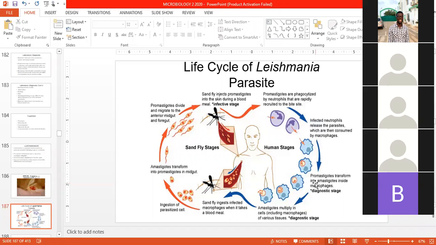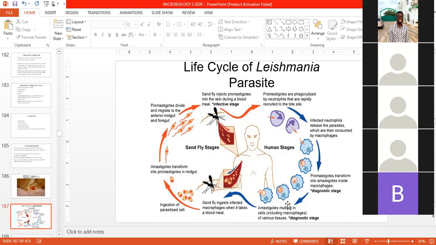Now, the amastigote phase is the diagnostic stage. Please, let's note that the diagnostic phase or stage is the amastigote. So if you take a blood sample of anybody and look at the macrophages, and you're expecting infection of Leishmania, you go straight to the macrophages and see the presence of amastigotes in there.